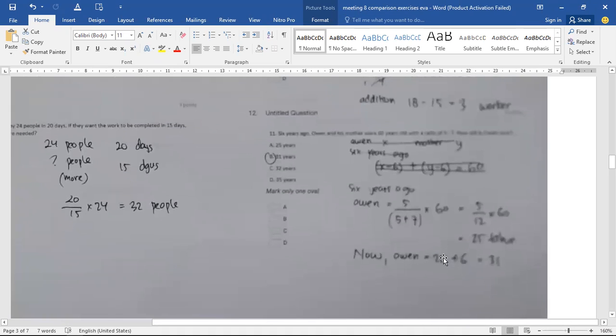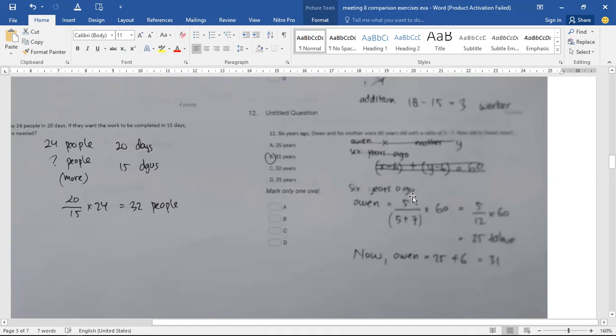Next, it's about comparing ages. So 6 years ago, Owen and his mother were 60 years old in total, and the ratio is 5/7. So 6 years ago, I can write it like this.